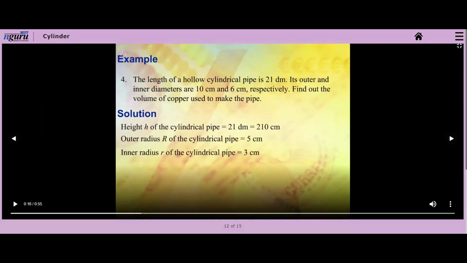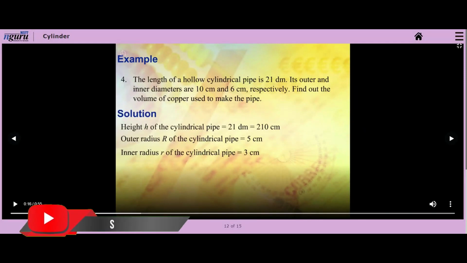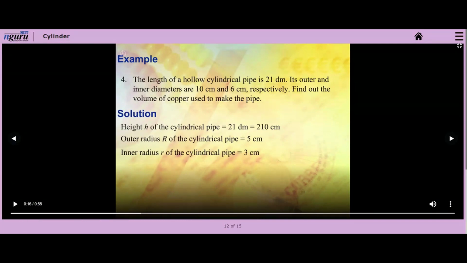So here you have to multiply the length by 10, because 1 decimeter is 10 centimeters.